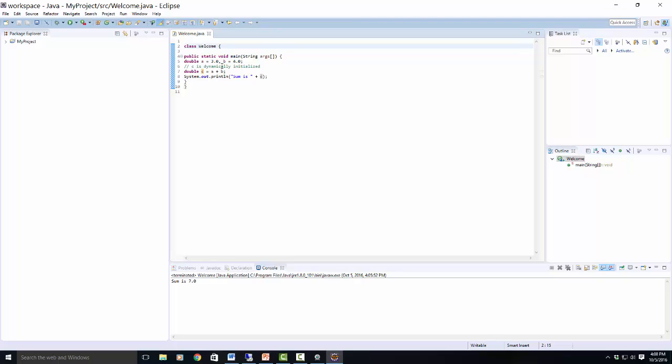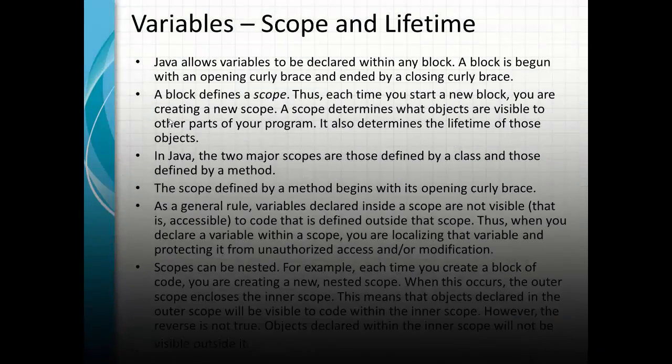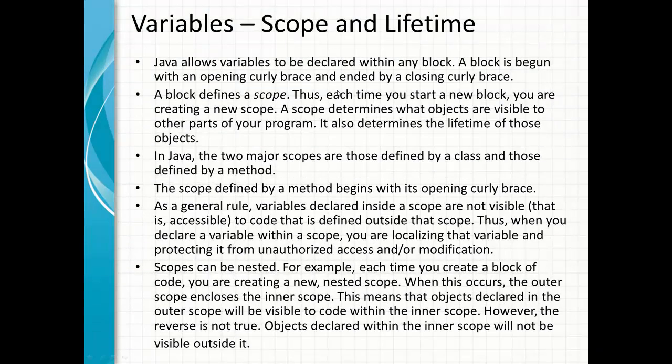Now where we define something matters a lot, and we will see that now. What the PPT point over here says is that Java allows variables to be declared within any block. A block begins with an opening curly brace and ends with a closing curly brace. A block defines a scope.